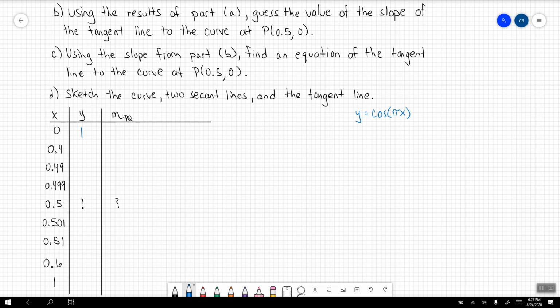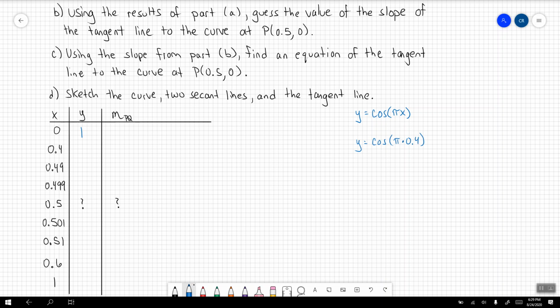Now, let's go ahead and make the substitution for 0.4. I'm going to do that work over here on the right-hand side, where I'm going to have y is equal to cosine of pi times 0.4.